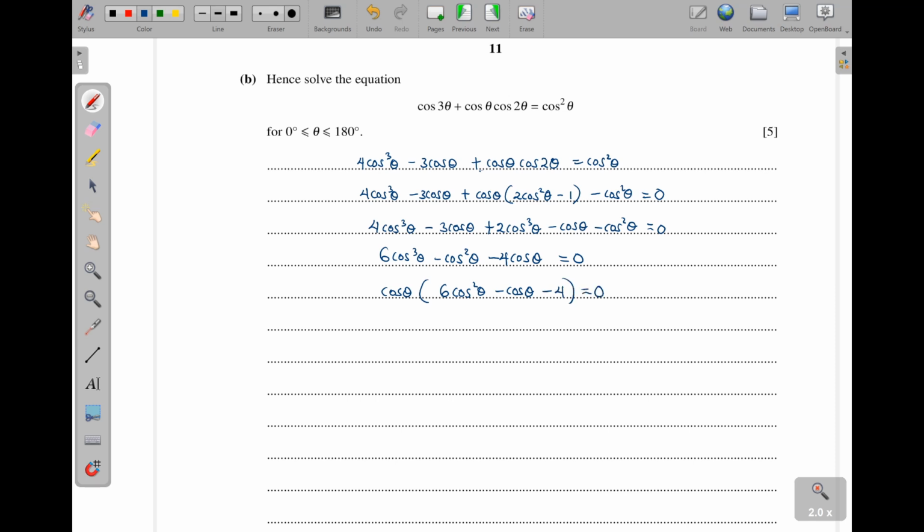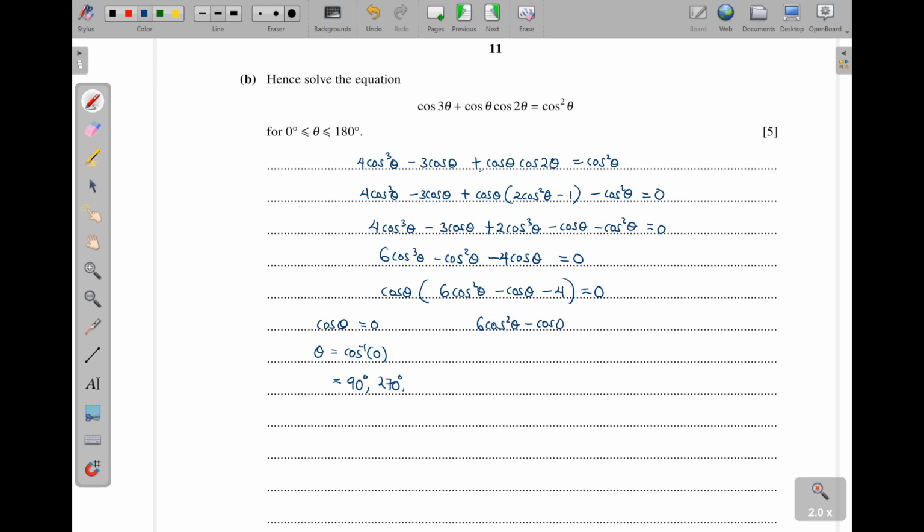Okay, so that means I will have cosine of theta equal to 0, and then theta becomes the arc cos of 0. This one gives us 90 degrees, 270, like that. Then this other one here cannot be factorized. So what I can do is to show the examiner that I've solved the equation. So it is a quadratic in cos of theta.